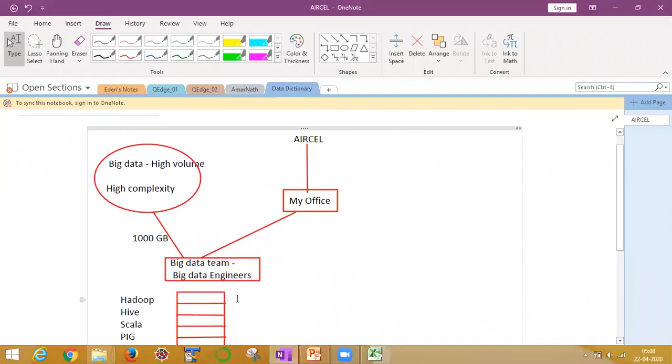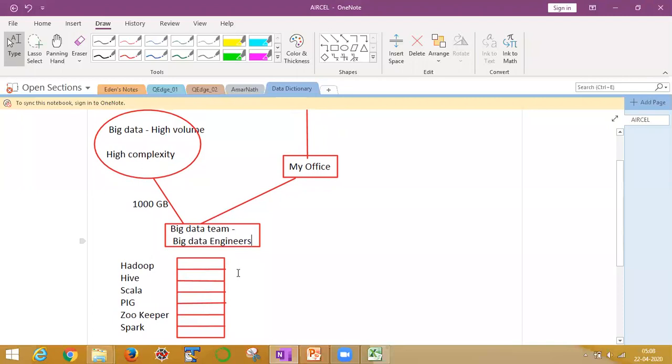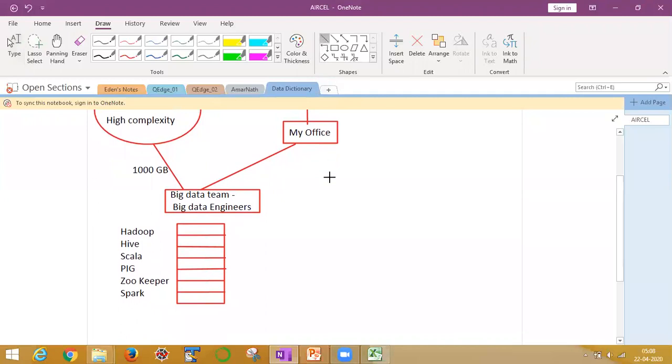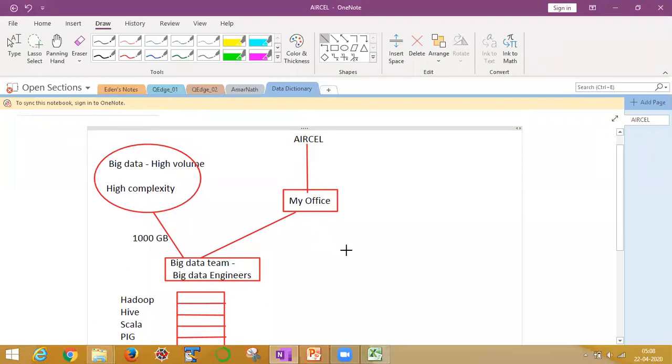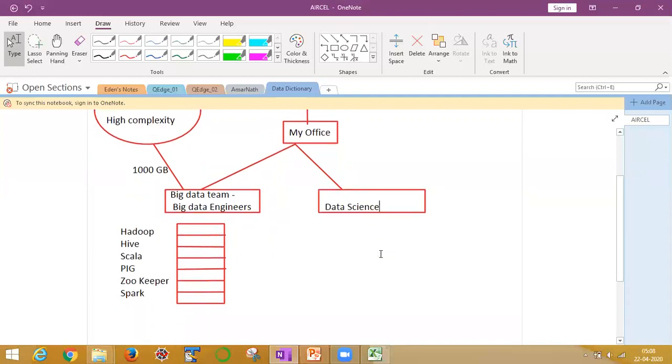Of course, this is also part of a data science team. Actual data science, where is your analysis? This thing is going to start from here. So as I said, in the initial part of the discussion with the business, these people also get ready to understand what their requirements are. So there will be another team called the data science team. Now what will these people do?